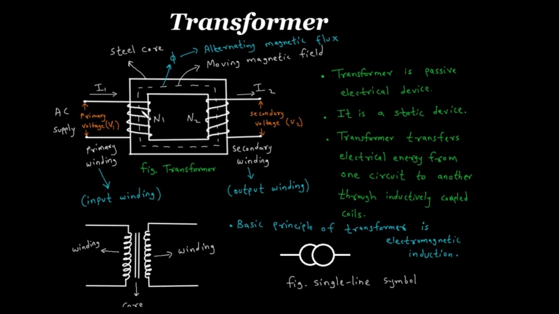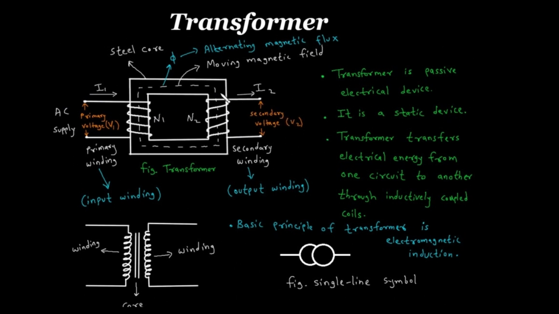It transfers energy from one circuit to another circuit by means of inductive coupling. Now here this primary winding is called the input winding and this secondary winding is called the output winding. Generally, the primary winding is on the left side and the secondary winding is on the right side.